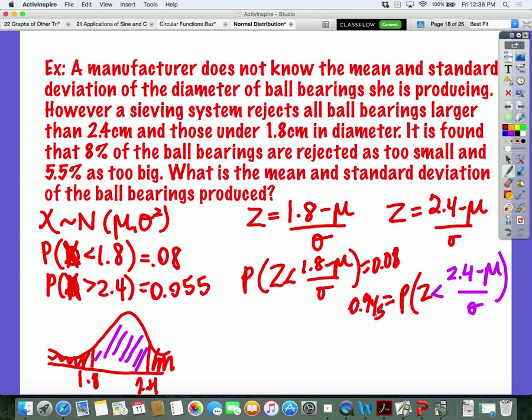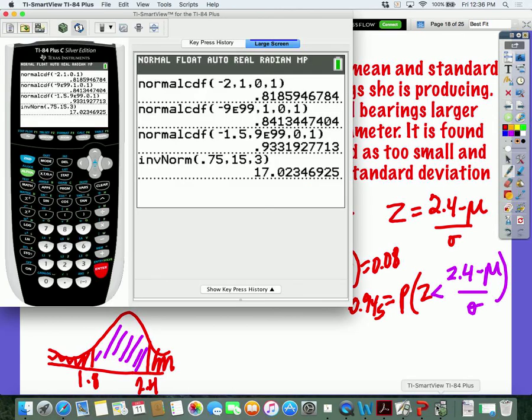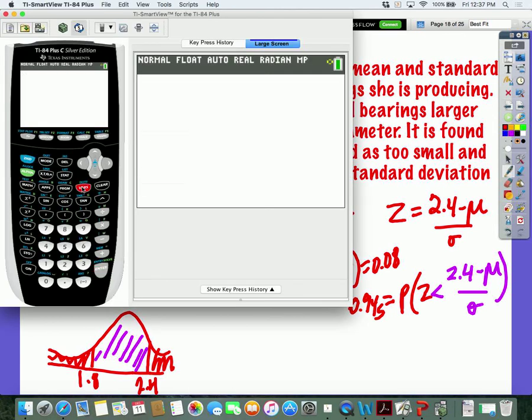And so we're going to do our inverse norm with these respective probabilities, a mean of 0 and a standard deviation of 1, to find our respective z values. For this one, we do inverse norm: second bars, option 3, 0.08, 0 and 1.